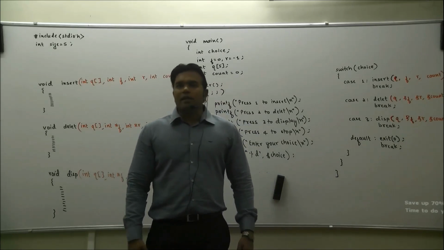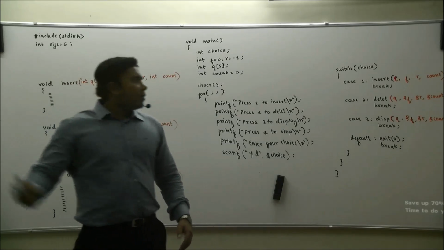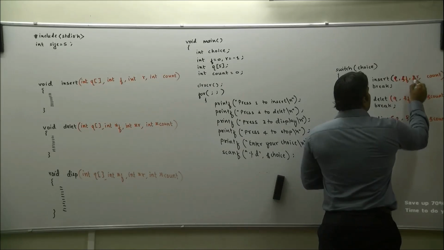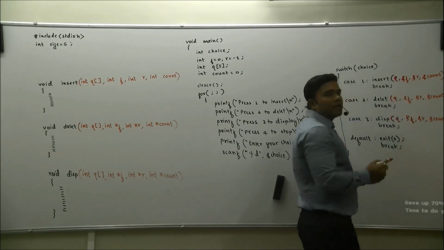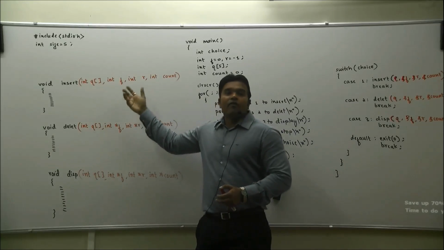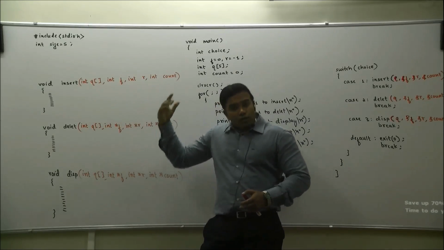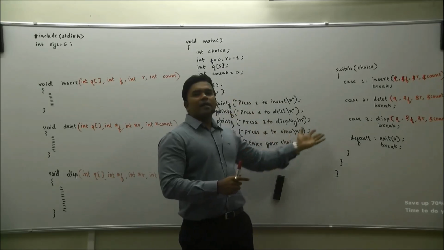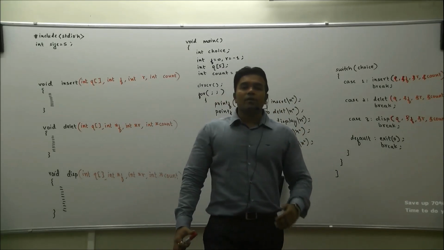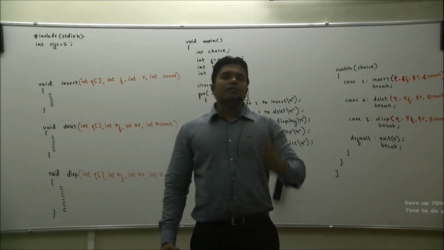That is the reason why I passed everything by reference, so that if you make changes to f, r and count, those changes will get reflected back here as well. That is what was the reason for me to use pass by reference in this program.